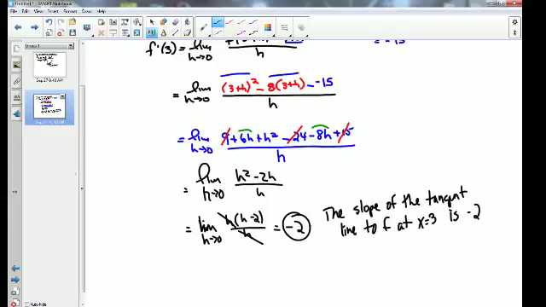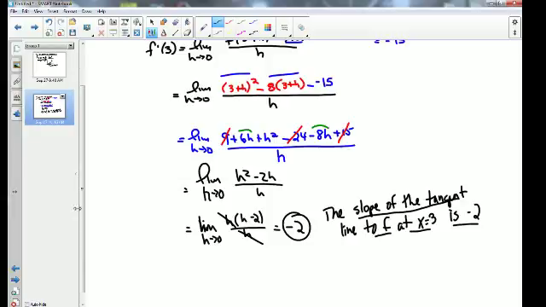Get used to writing very specific statements such as that, because if I left any one of these items out, that's an invalid statement. You have to have all those items in there.